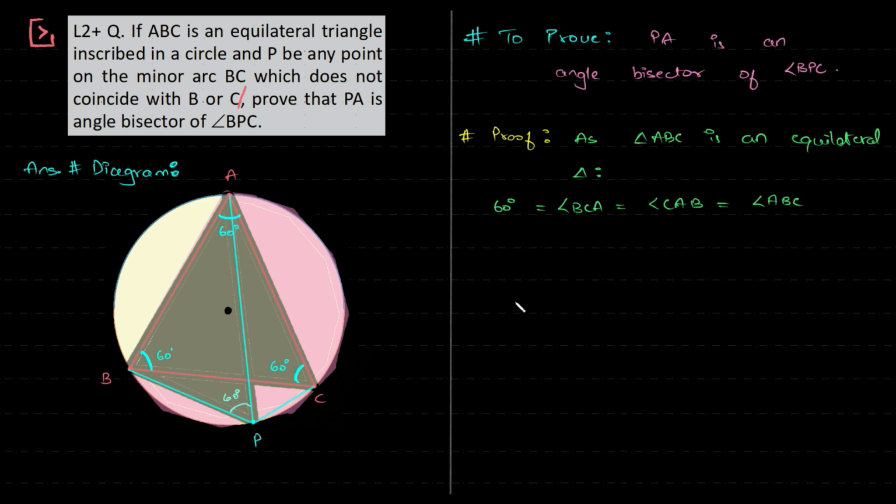Okay. Next thing, angle BCA is equal to angle PBA, and both of them will be equal to 60 degrees. But why? The reason is quite simple. AB is, or we can say, angles subtended in the same segment are equal, right?